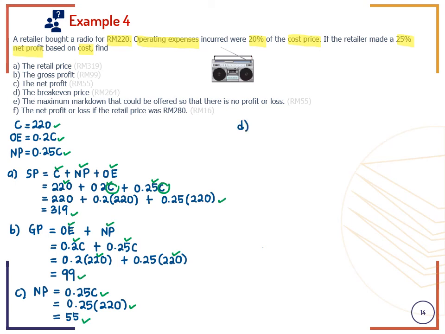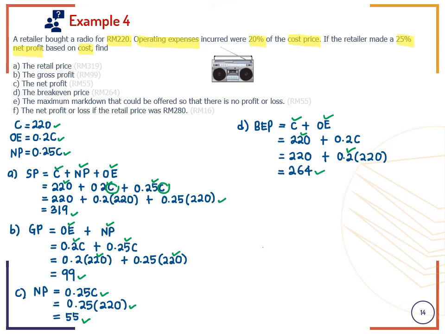To find break-even price, sum up cost and operating expenses, where cost is 220 ringgit and operating expenses is 0.2 multiply 220 ringgit. So break-even price of a radio is 264 ringgit.